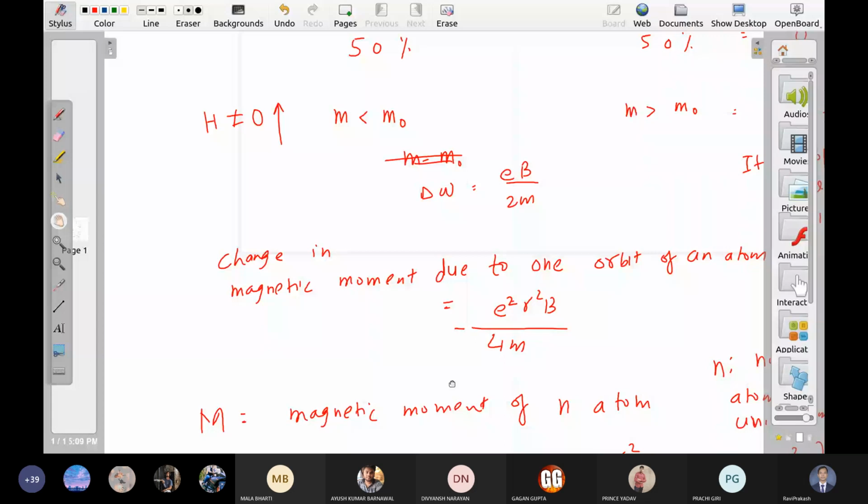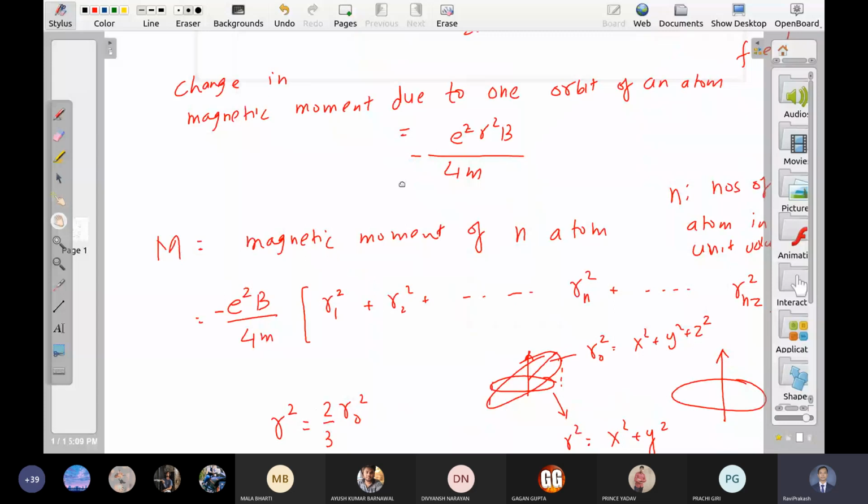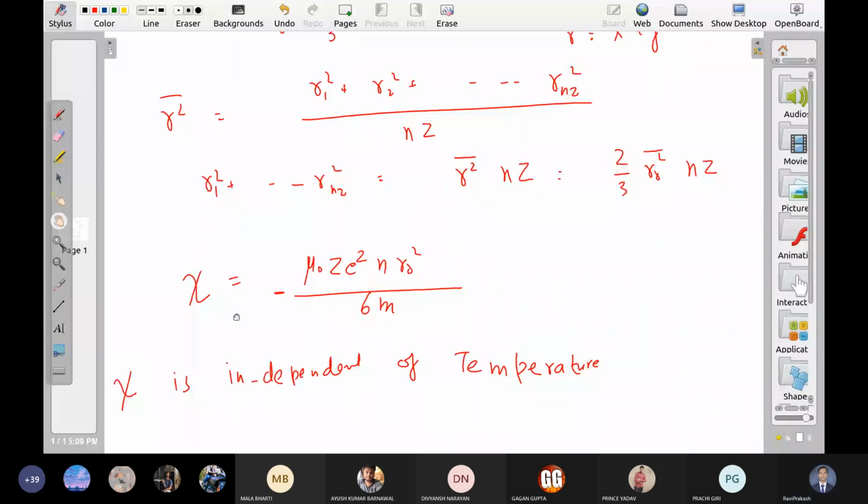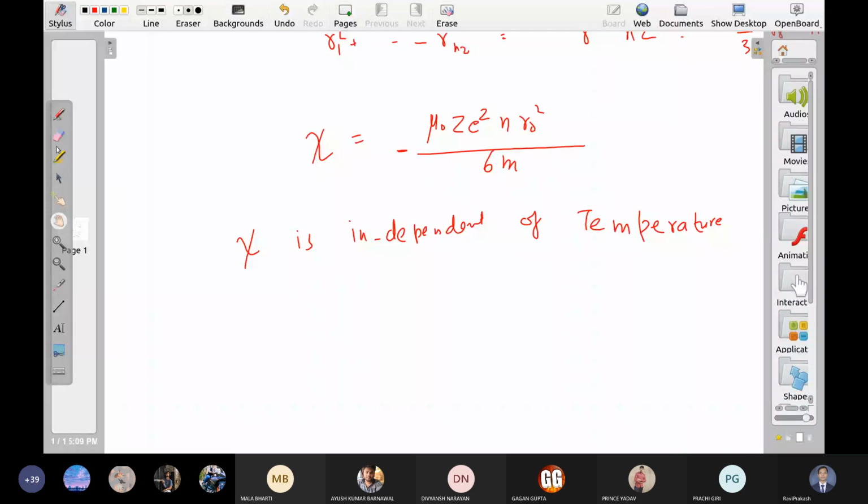It means every sample, every material, every substance has this much susceptibility. Diamagnetism is a universal phenomenon. So you can say that all the materials are diamagnetic.